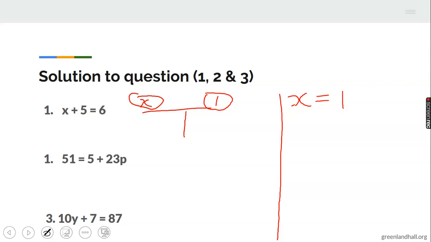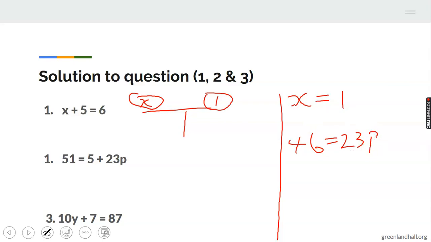Now, the next question. You have 51 equals 5 plus 23p. How do you draw this? 51 will be on this side, then 5 plus 23p will be on the other end. Same thing applies. Subtract 5 from both sides. That means you're having 51 minus 5, and that will give us 46. 46 equals 23p.